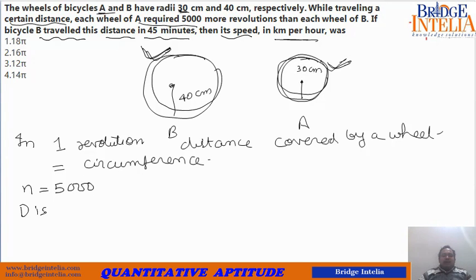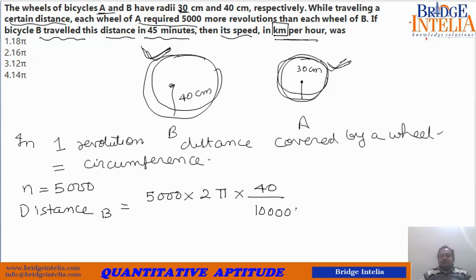So distance covered by B is equal to 15,000 into circumference. Circumference is 2 pi r, radius is 40 centimeter, but we have to convert that into kilometers. So 40 by 1 lakh.